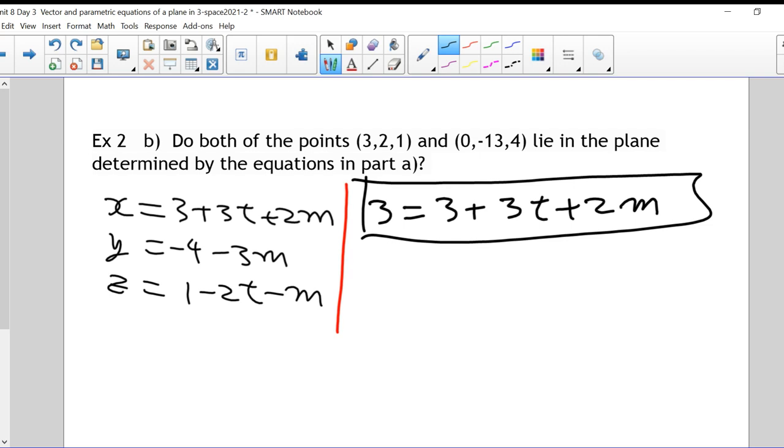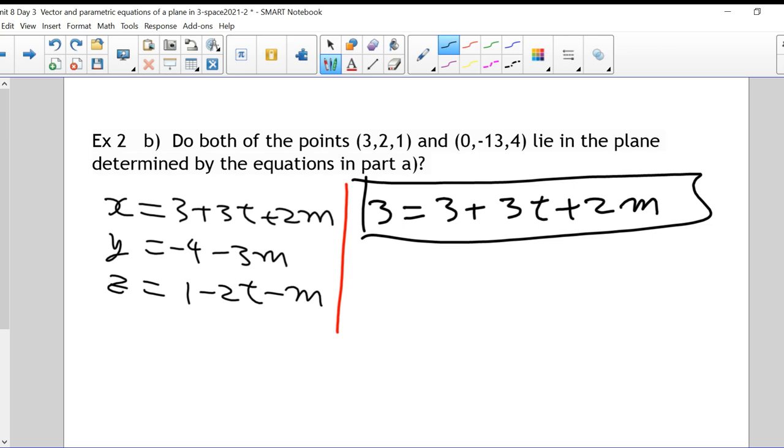Correct. Yes. Of course. So the point is that in this case we have a bit of a shortcut because one of the equations doesn't have a t in it. So we can just solve for m right away. But there are occasions where maybe I should do this without using the y.